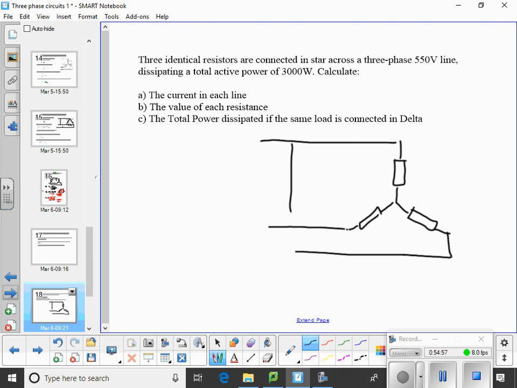Line voltage EL equals 550 volts. PT, total power, 3 kilowatts.